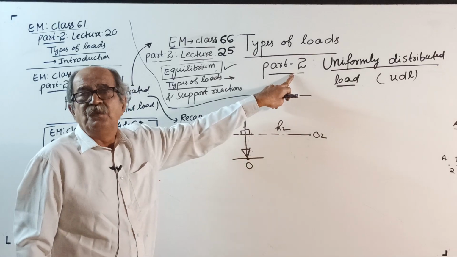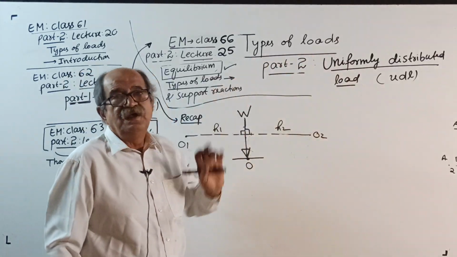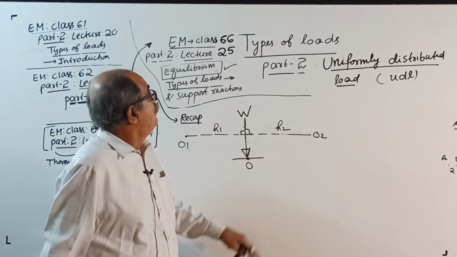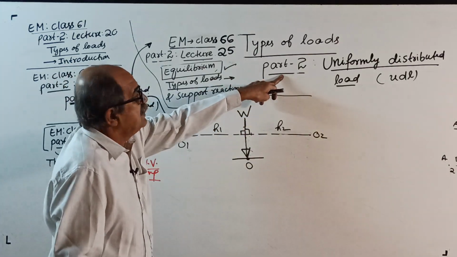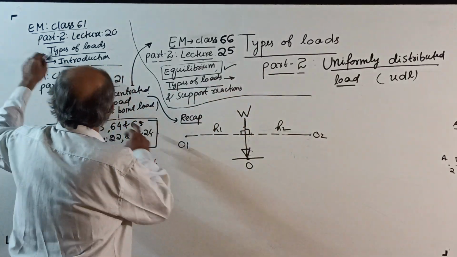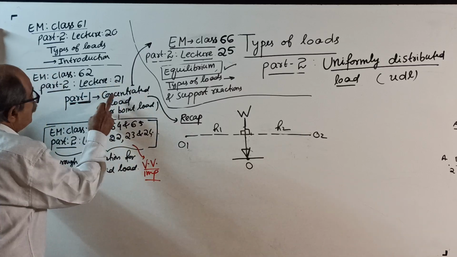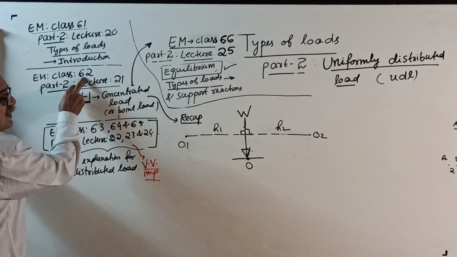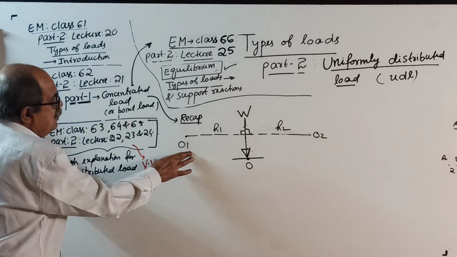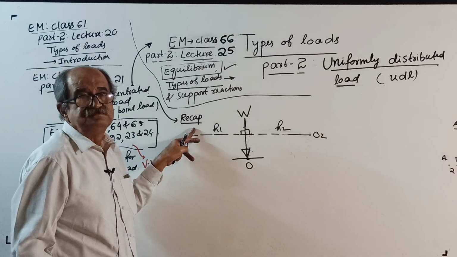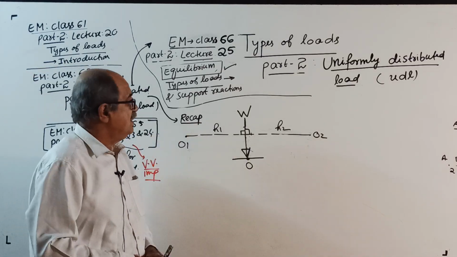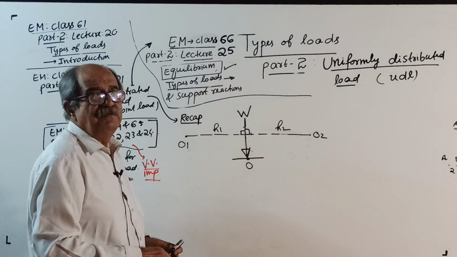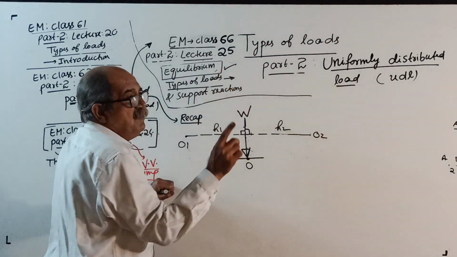Someone will ask, part 2 of types of loads? No. Types of loads, part 1, concentrated load, is already over in this class. But I will give just a recap so that everything is clear. This is a recap actually, it will not take much time. I will not explain much.